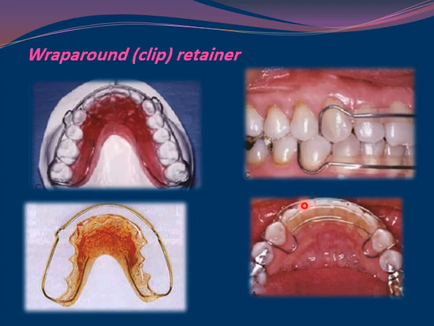It is a wire framework that surrounds the anterior teeth labially, then crosses between the four and the canine, and then surrounds the lingual surface of the anterior teeth. Also, this wire is embedded in an acrylic strip. The clip retainer is most commonly used on the lower labial segment.